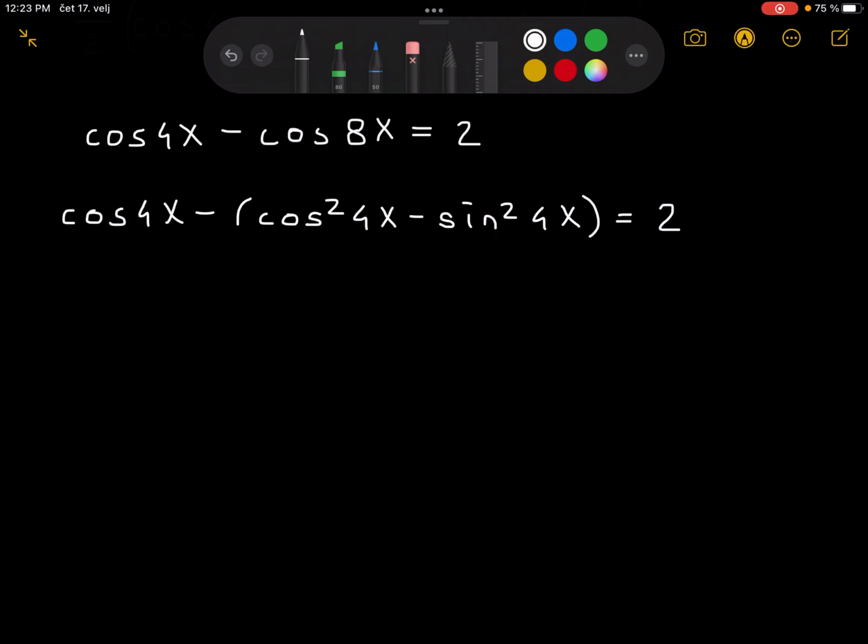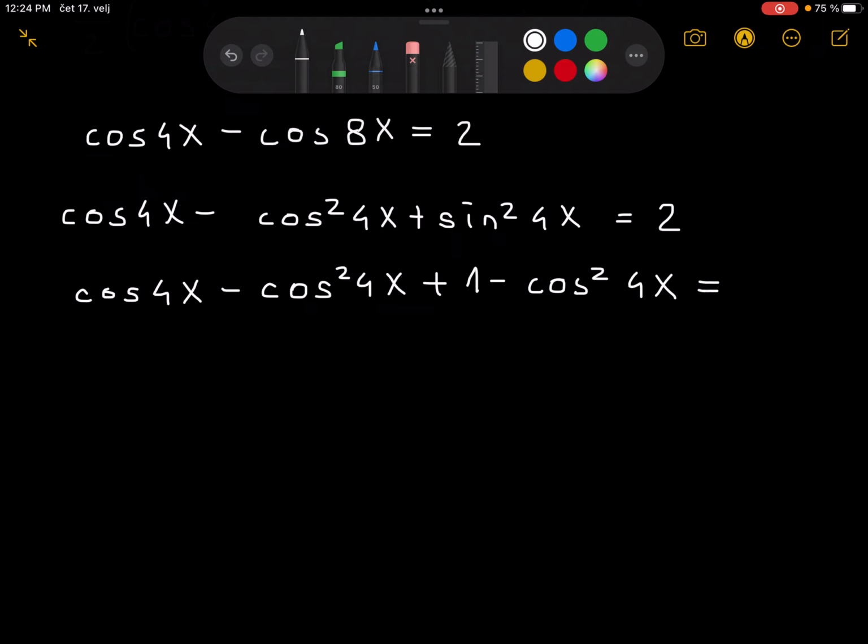Now let's remove our parentheses, and when we do that, we'll get a plus here. Now let's rewrite this yet again as cosine of 4x minus cosine squared of 4x plus, and sine squared of 4x is just 1 minus cosine squared of 4x, and all of this is equal to 2.